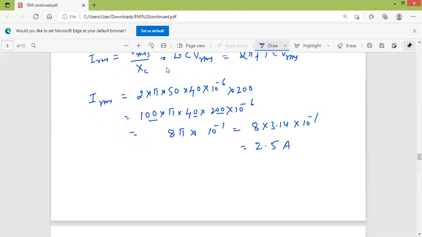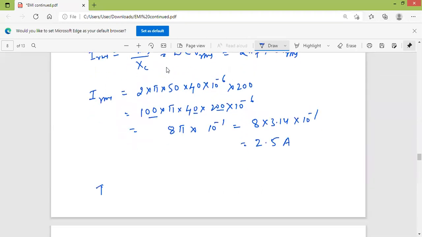They are asking for the peak value. Peak value Im or I naught is equal to root 2 into IRMS. Root 2 is 1.414 into 2.5.